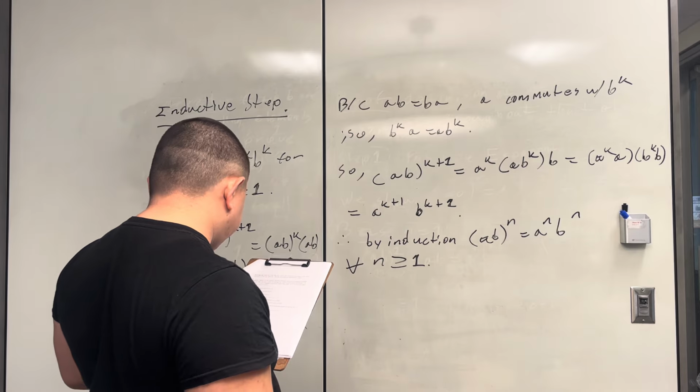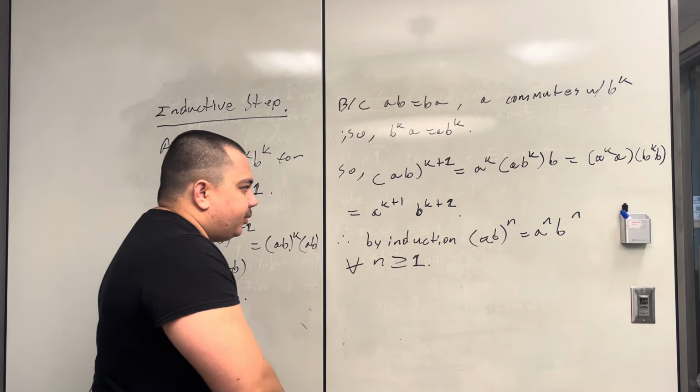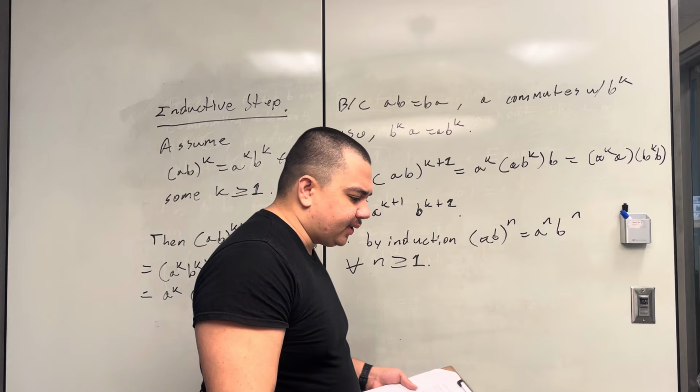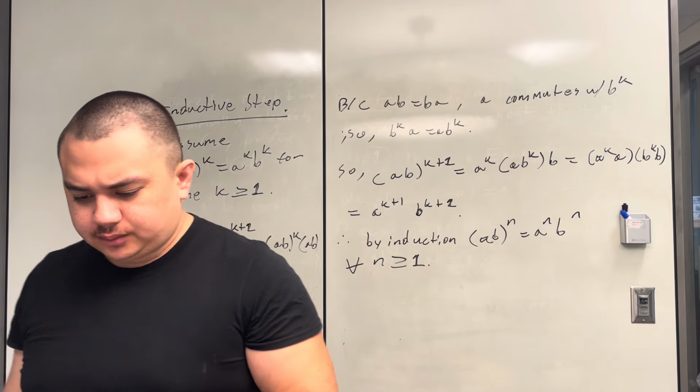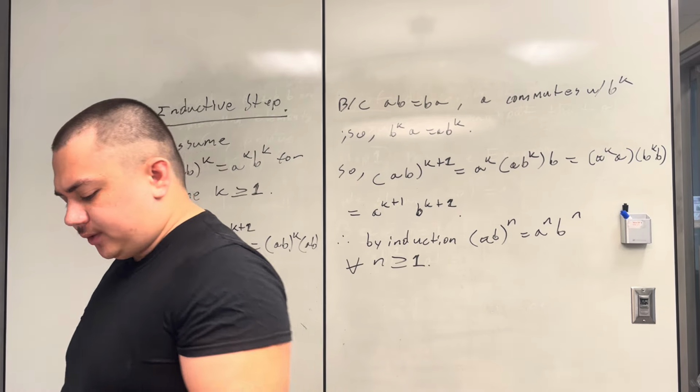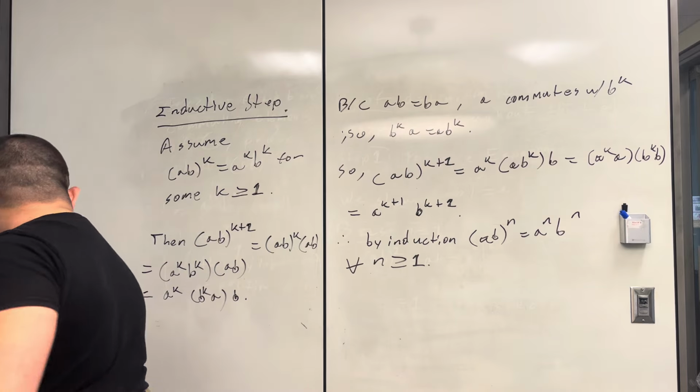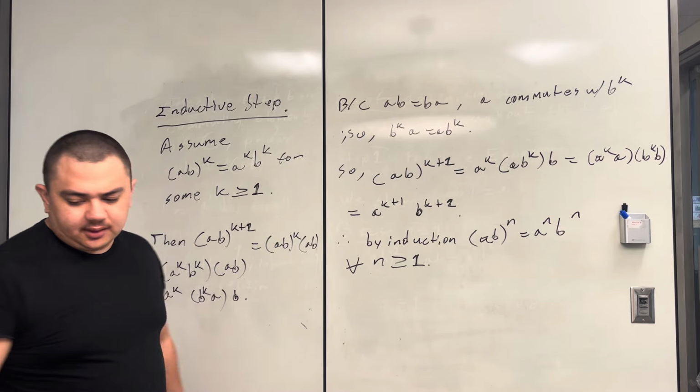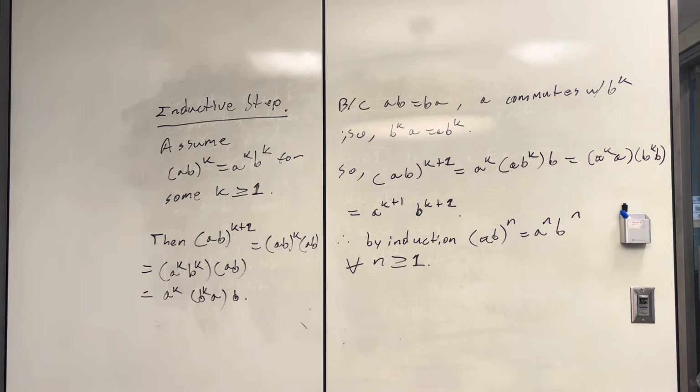Then we move on to the next step, which is the 0 exponent. These are all the positive ones, and then we'll have to do the negative ones eventually. Let's check that. Good to go.